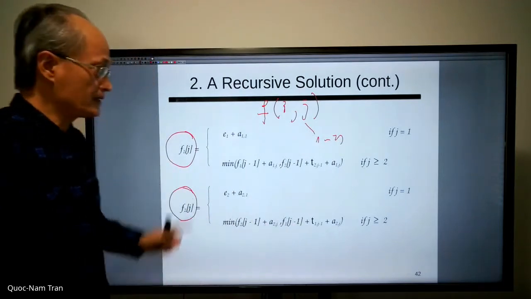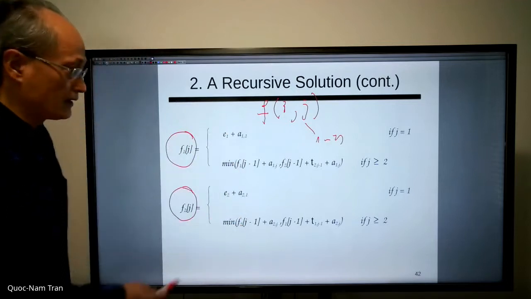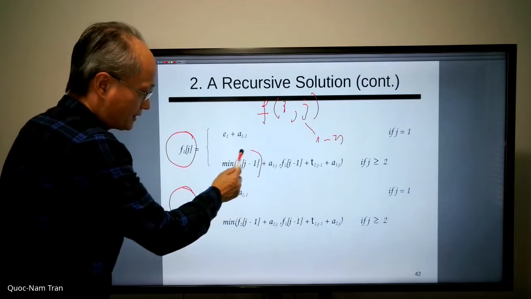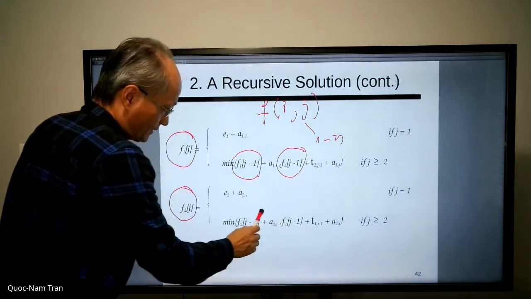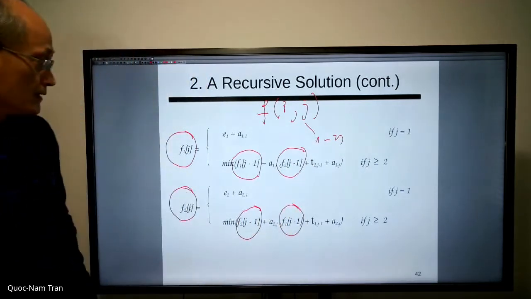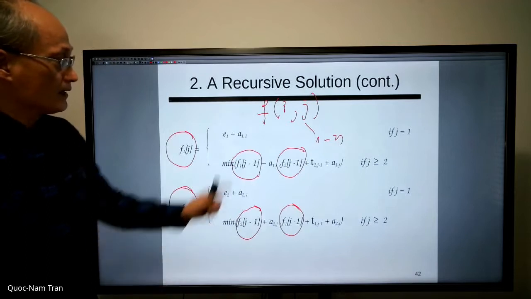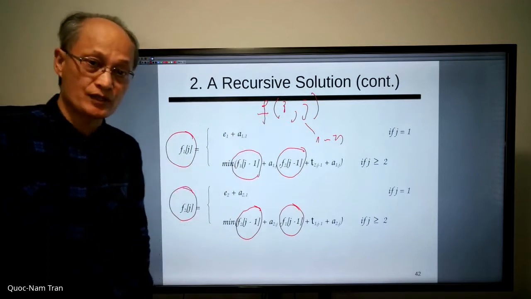So basically, this one is the recursive function we have. Remember that this one is a recursive call. This one is a recursive call, right? So that said, we have the recursive solution for finding the Fij.